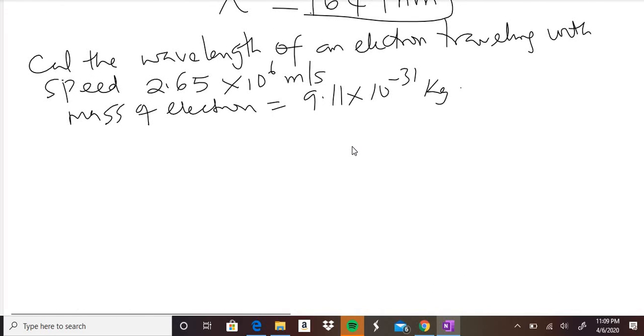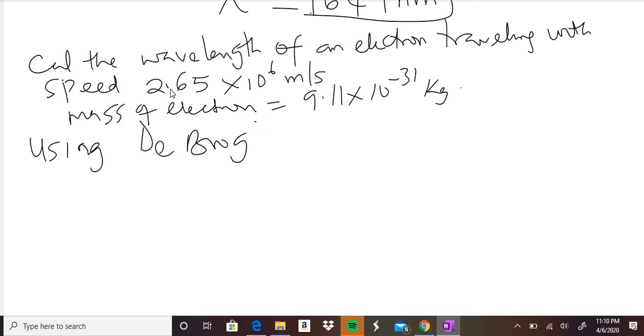Calculate the wavelength of an electron traveling with a speed of 2.65 times 10 to the power 6 meter per second. So because we are talking about wavelength and speed, the relationship that should come to our mind is the de Broglie wavelength relationship.